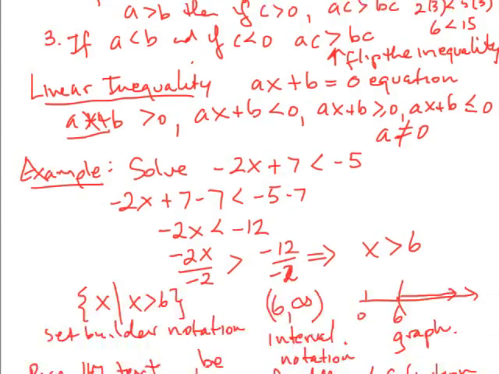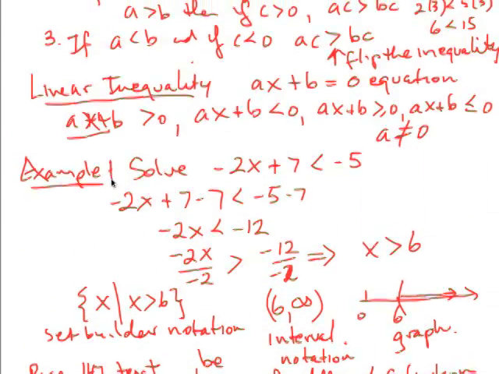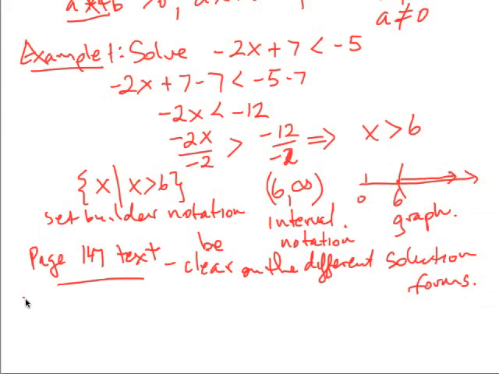Perhaps we'll just do one small example again. Let's call that example 1, and here's example 2. Let's suppose I want to solve 3 minus 4x is greater than or equal to 2x plus 8. Watch it carefully.